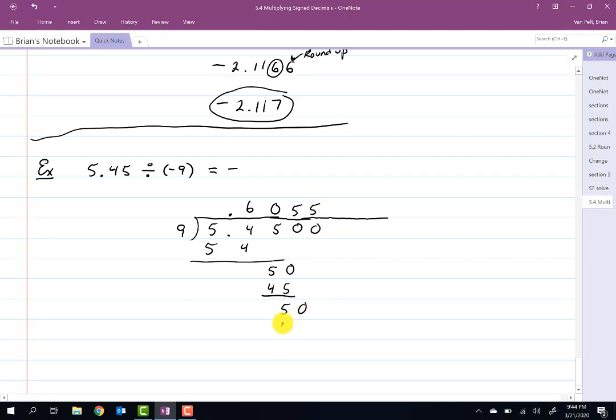So now you can see where this is going. We'll just get a bunch of 5s forever. So I'll get negative 0.605. Make sure your vinculum, the technical name for that bar, is just over the 5. You don't need any more than one 5. One 5 is good enough.